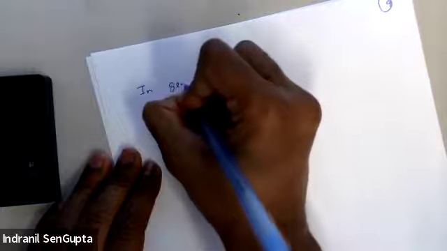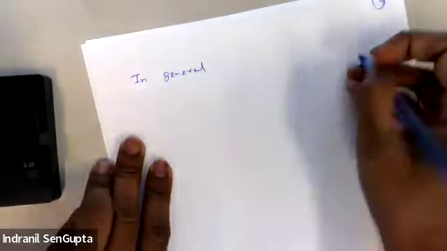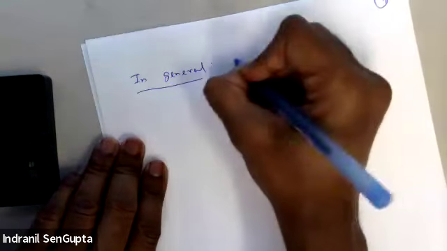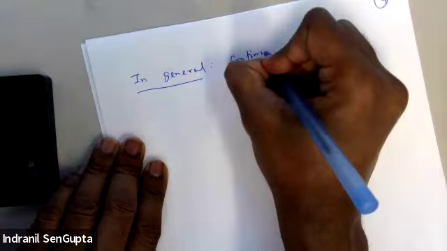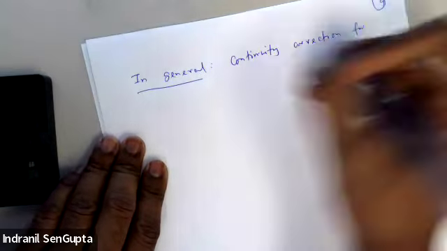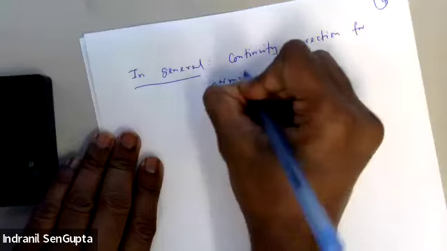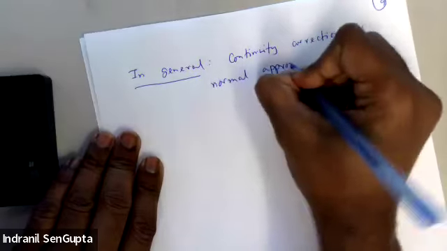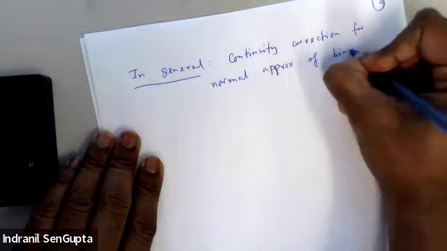Okay, so here's the general version of the continuity correction for the normal approximation of the binomial distribution.